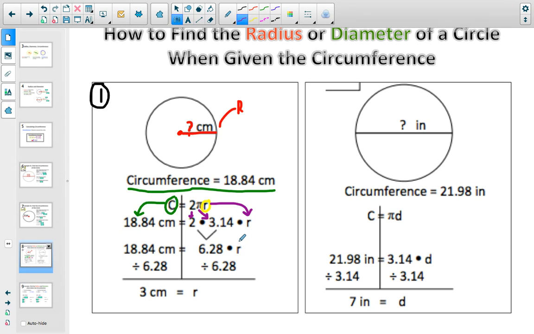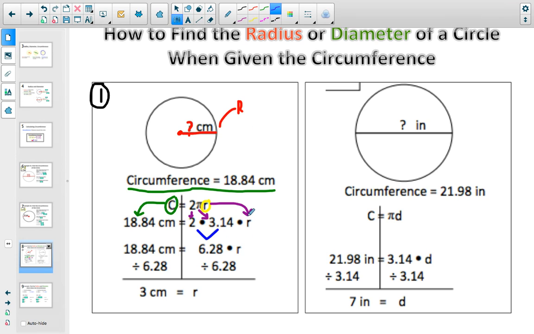That's unknown. We're trying to solve for r, so we're trying to get r by itself. And in order to do that, this is like an algebraic problem where we need to do inverse operations to solve for r. So the first step you want to do is multiply 3.14 times 2. 3.14 times 2 is going to be 6.28. So now we have 6.28 times r.